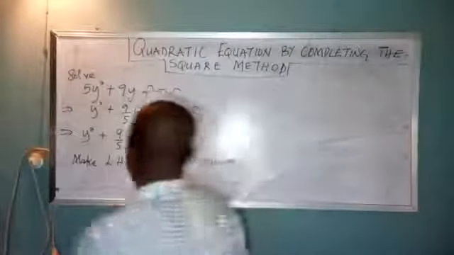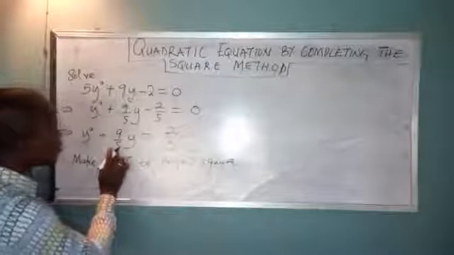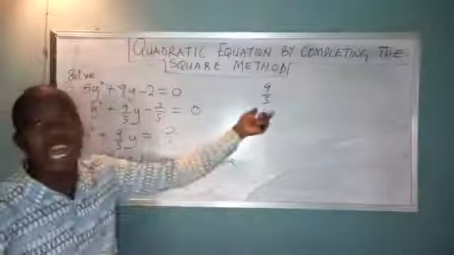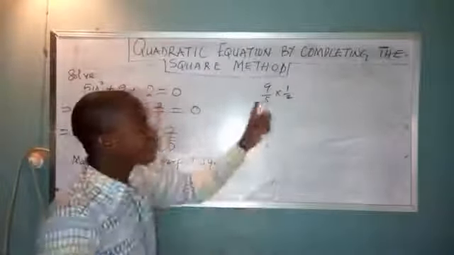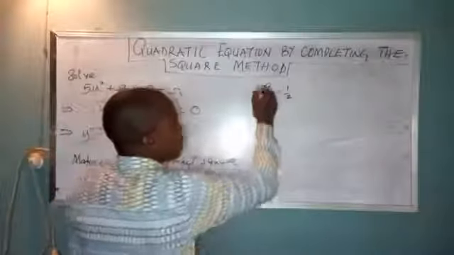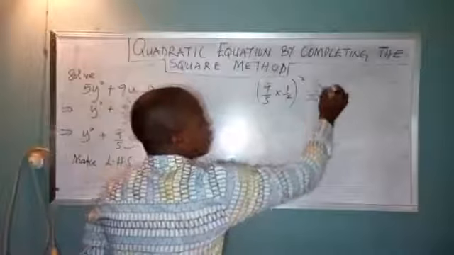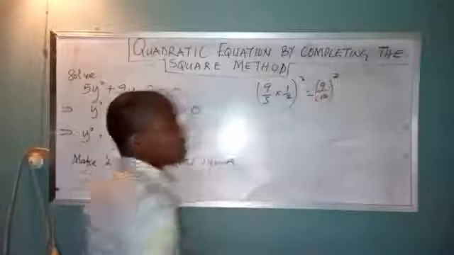So if you take half of this, the coefficient of y here is 9 over 5. Half of it is half multiplied by 9 over 5. Therefore, we square it, so we have 9 over 10 raised to power 2. Are you getting what I'm saying now?